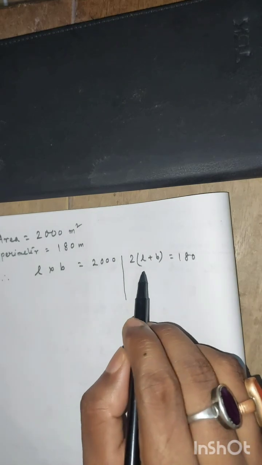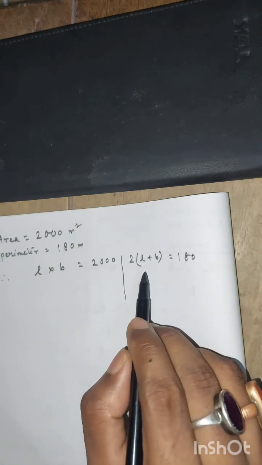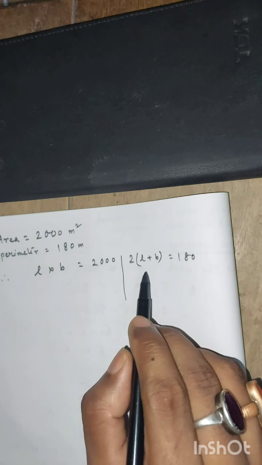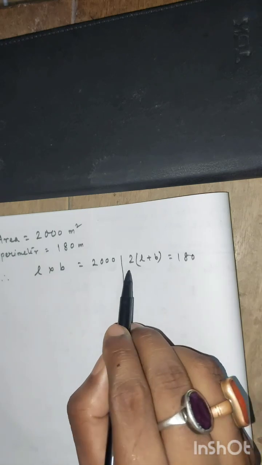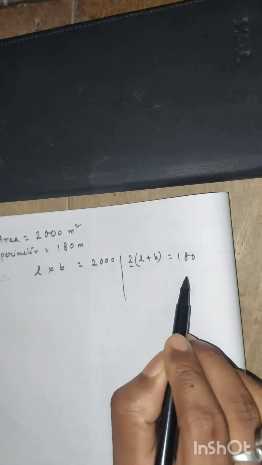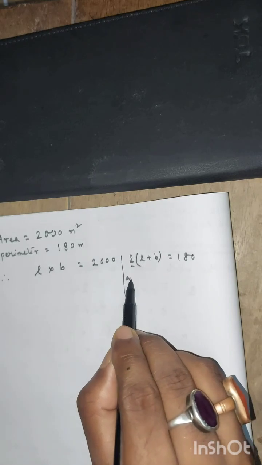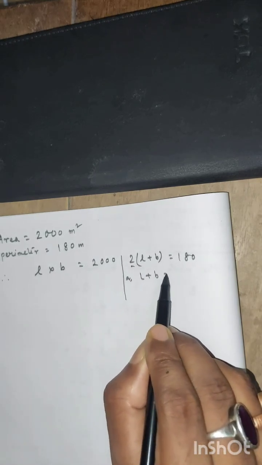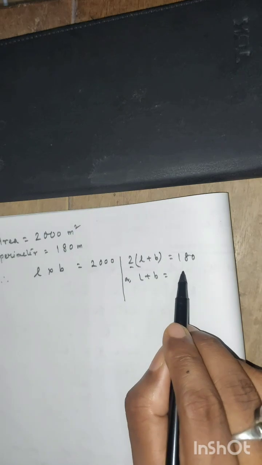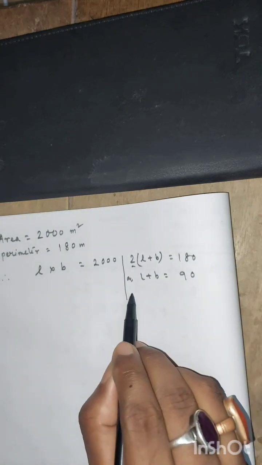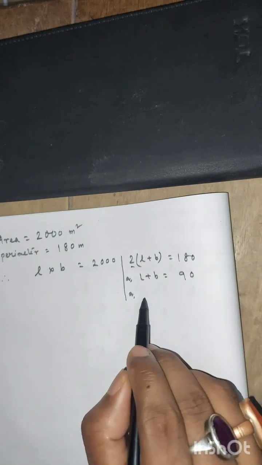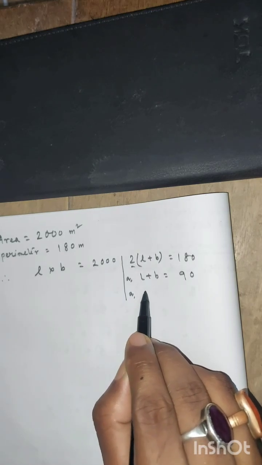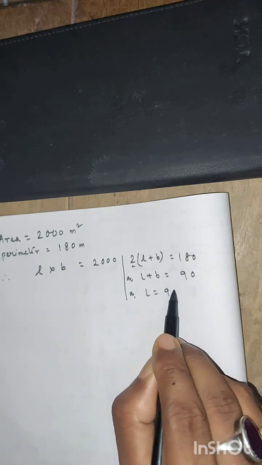Now if we send 2 to the right side, length equal to 90 minus b.